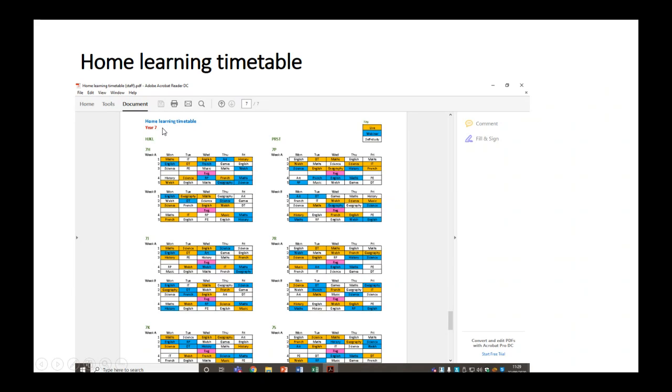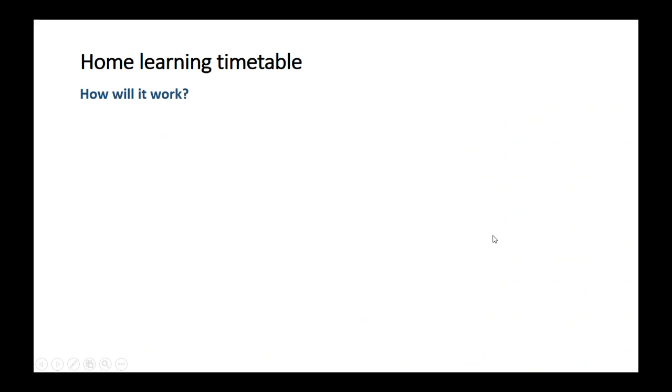If we look at the Year 7 page, you'll see that all the home learning timetables for each year group are shown. So if your son or daughter is in 7R, you would look at 7R, where we've got the timetable for week A and for week B. Pupils also have a copy of their home learning timetable in the back of their planners.